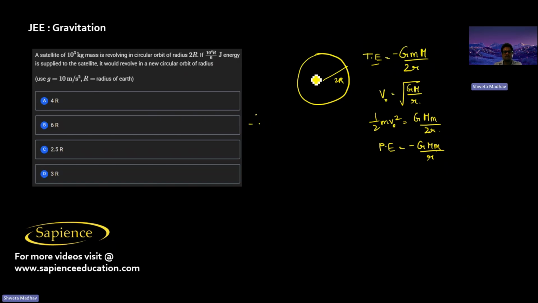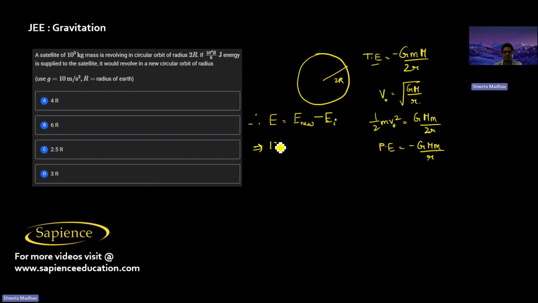So therefore, it is revolving at radius 2r. So the energy that is supplied is equal to the energy of the new orbit minus the energy of the initial orbit.